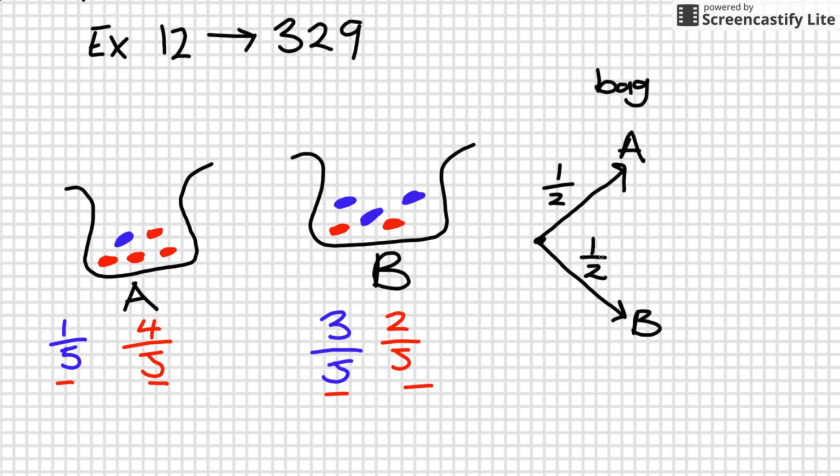Then what I do is whichever bag I get, I reach in and I pick out a random jelly bean. So now there are 2 different things that could happen in either of these bags. You could either pick out a red jelly bean or a blue jelly bean. But we've noticed before, when I set this up, there's a different chance of picking out a red jelly bean than there is a blue jelly bean.